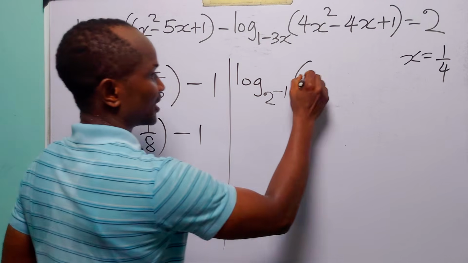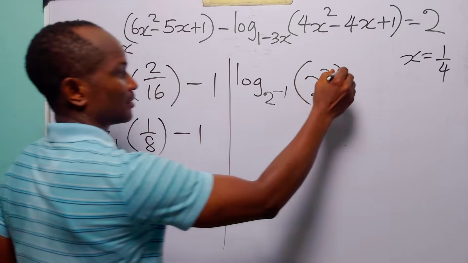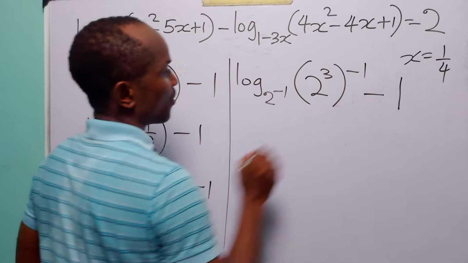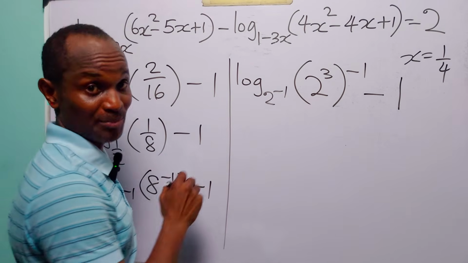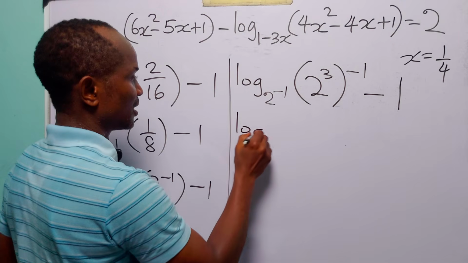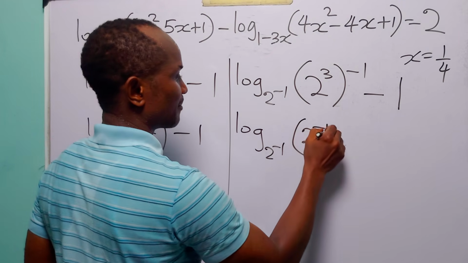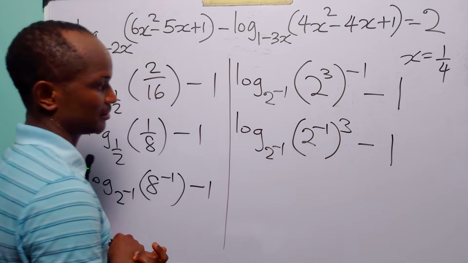So here we have 2 to the power 3, and then we have this power minus 1, then we have minus 1. And of course, you know that we can change the places of these two powers. When we do that, we have log to base 2 to the power minus 1 of 2 to the power minus 1 to the power 3, then minus 1.